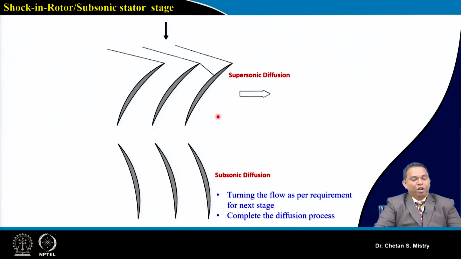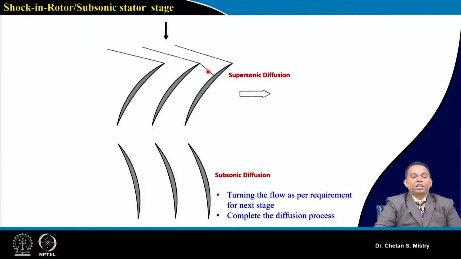Now let's try to understand what we call shock in rotor and subsonic stator configuration. Here we can see we are having supersonic flow incident on my rotor. When it is incident on the rotor, we will have the formation of an oblique shock near my leading edge.